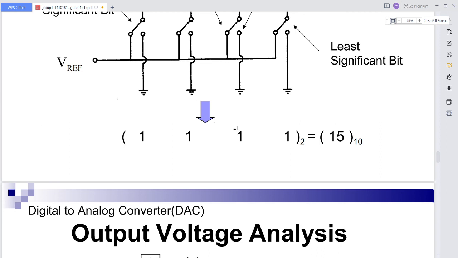Now we are taking the input as four ones. That means each bit is 1: 1, 1, 1, 1.